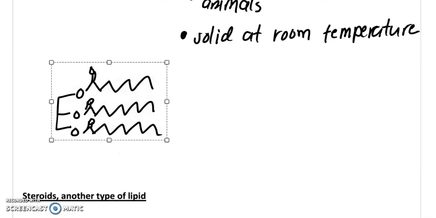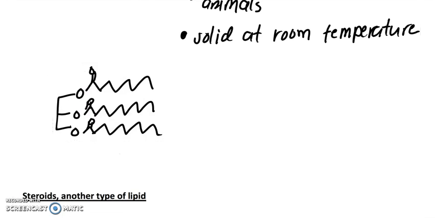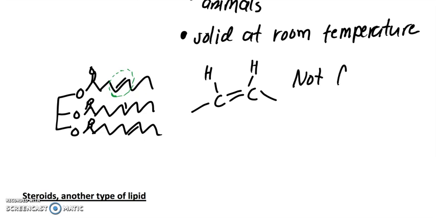Okay, now let's go on to an unsaturated fatty acid. So there is my molecule again. But for an unsaturated fat, we are going to have at least 1 double bond somewhere along this molecule. So let me take a close-up of this. When you have a carbon double bonded to another carbon, it still needs a 4th bond. That 4th bond again comes from hydrogen. But instead of 2, there's only 1. So these molecules are not fully saturated with hydrogens.